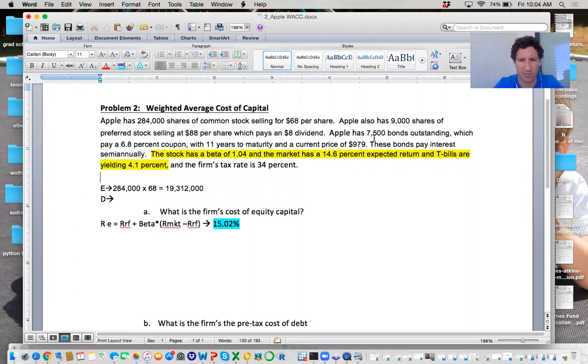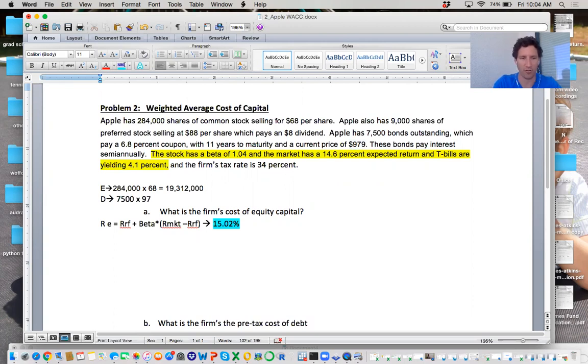Debt, let's see, we've got 7,500 bonds outstanding. Current price of $979. So what that's saying is there's 7,500 of these individual bonds that are out in the market that the company owes coupons on plus the face value on later.